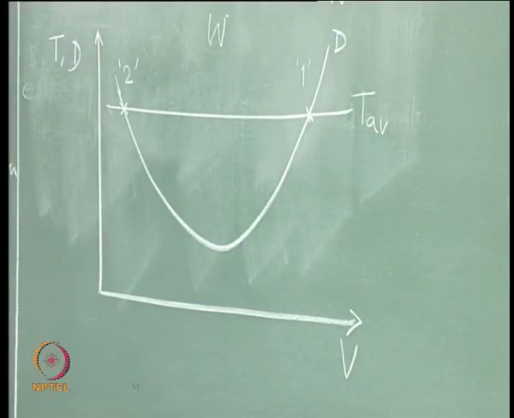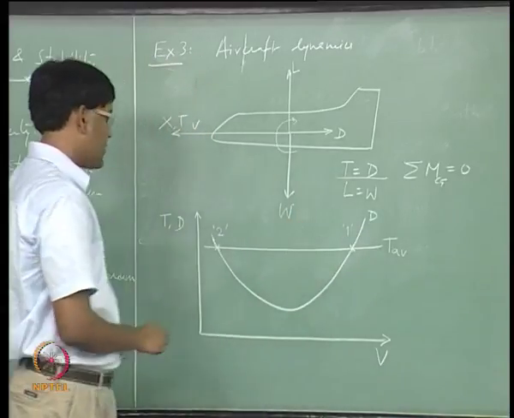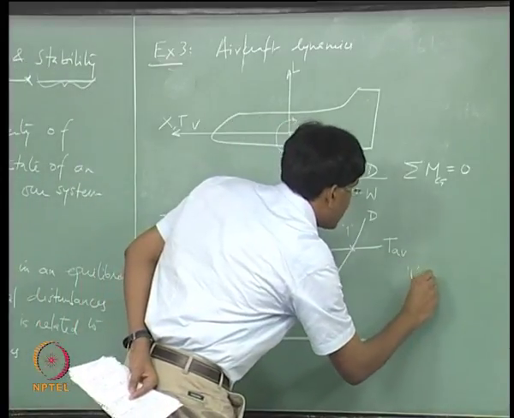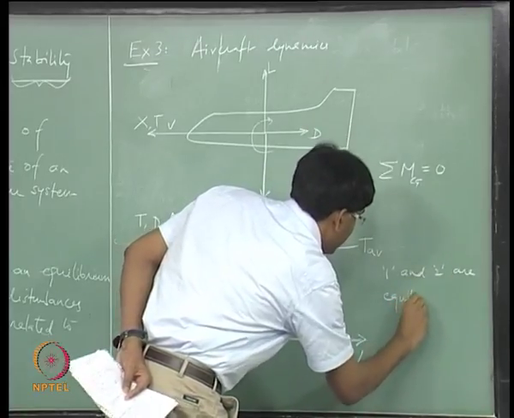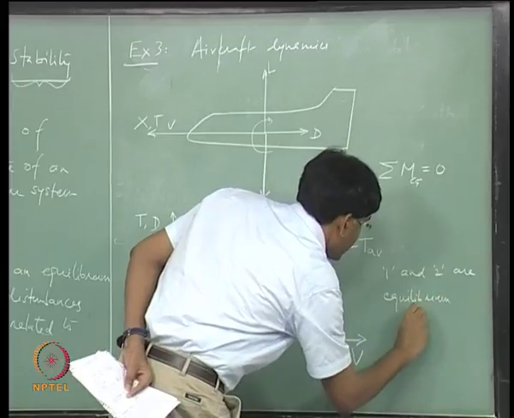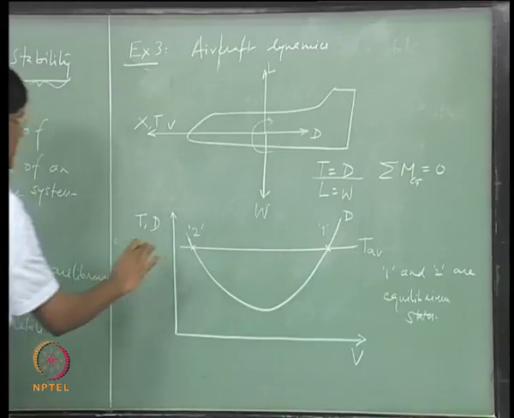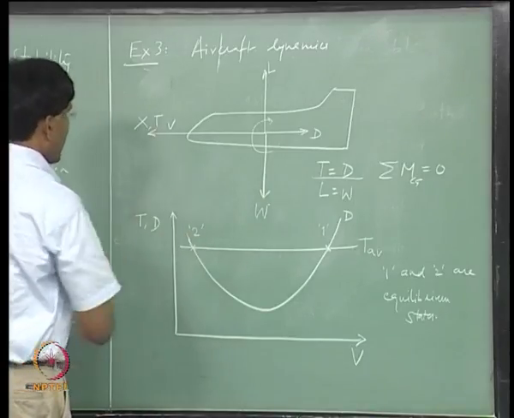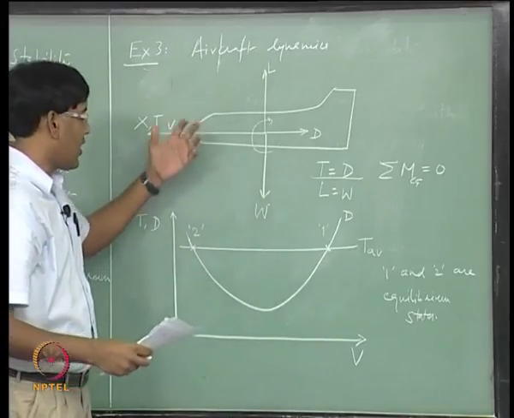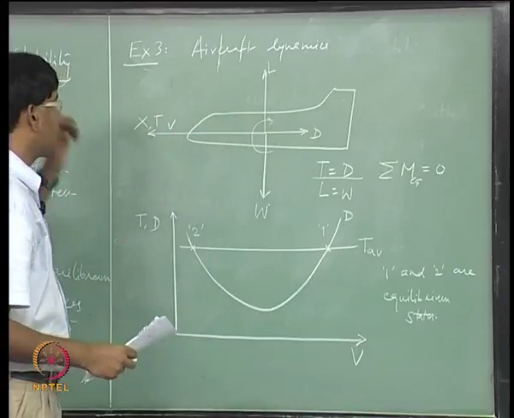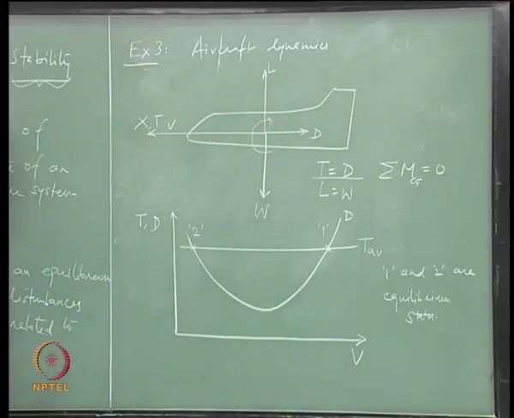Okay. Now, let us try to look at the stability properties of these two equilibrium states. So, 1 and 2 are equilibrium states. We can look at stability with respect to all variables involved here in this longitudinal plane, but here we will restrict ourselves to change in speed in the forward direction.